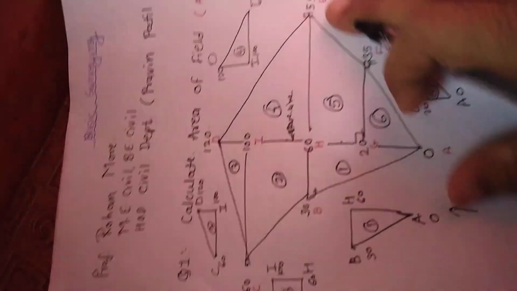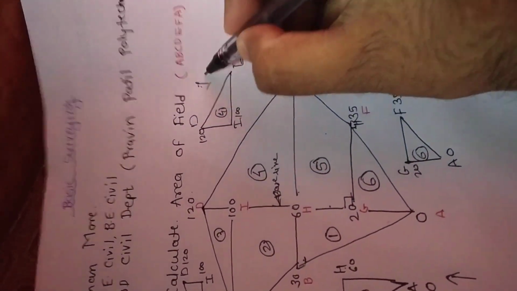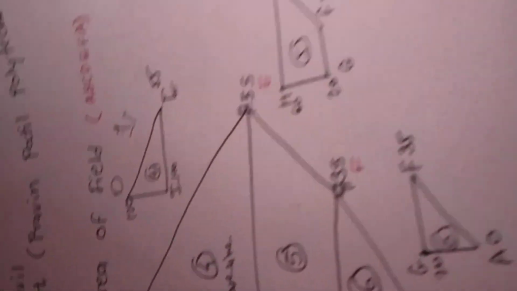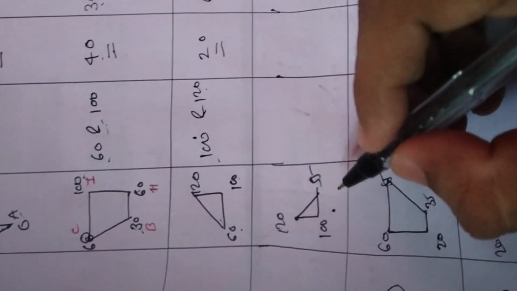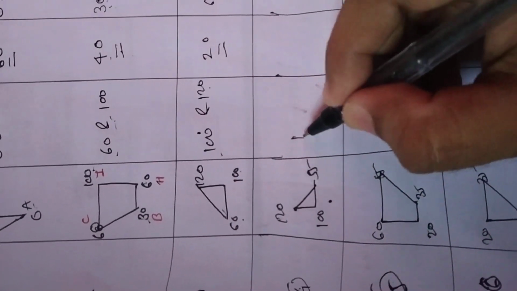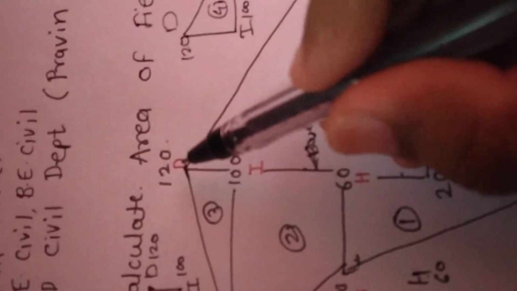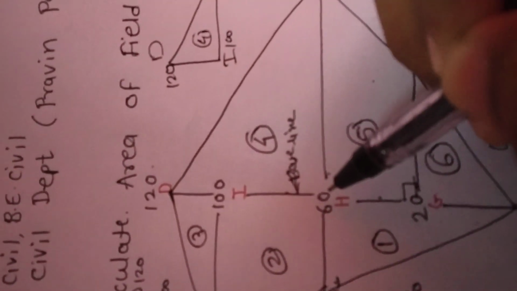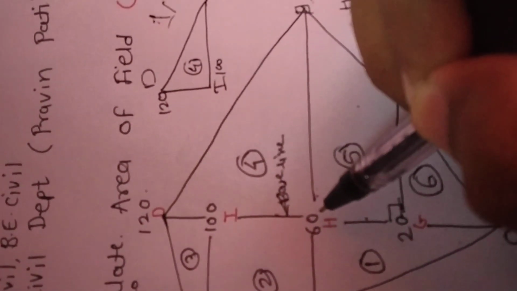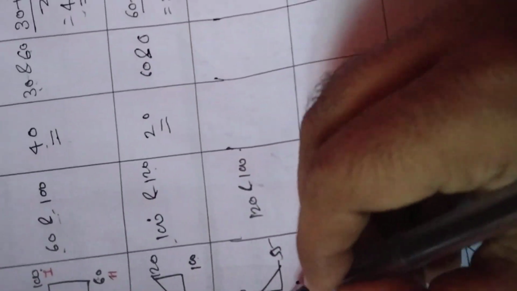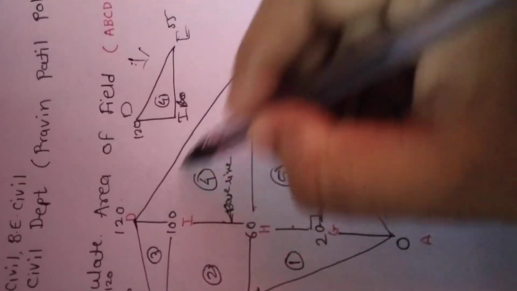Next, if you calculate the area in this manner, when you go to the right side, it comes from this side. Next, figure number 4. As you see in figure number 4, I am drawing the same figure here. The chainage is 120 and 60.